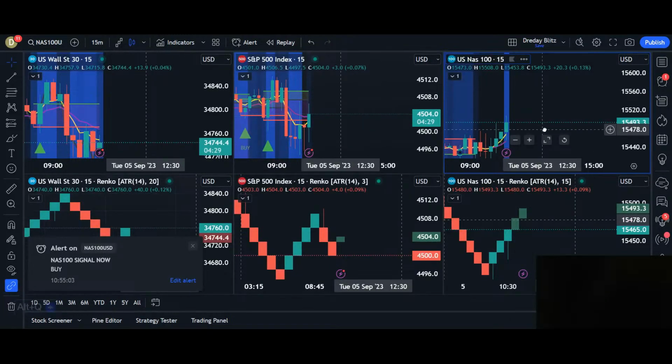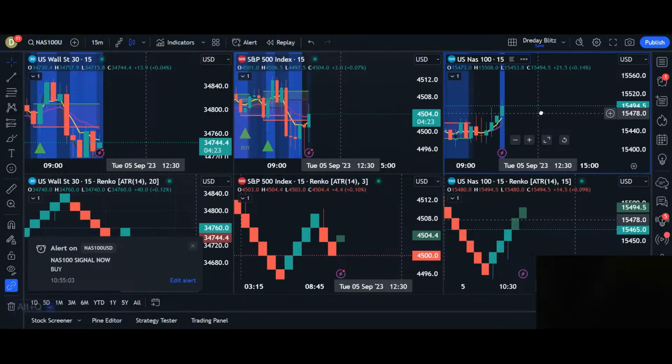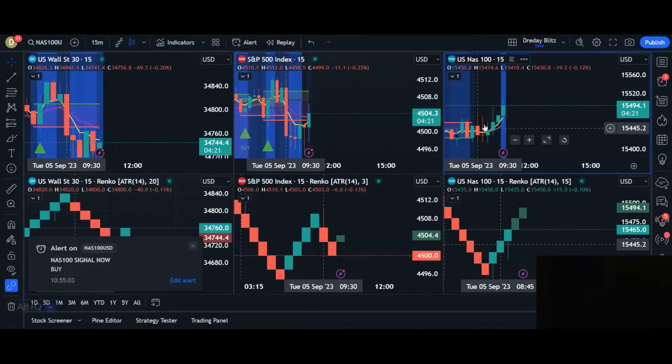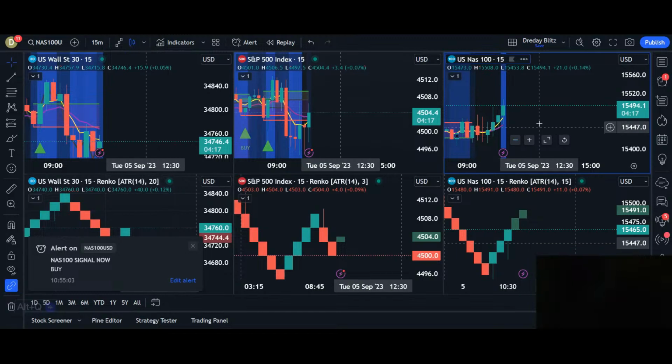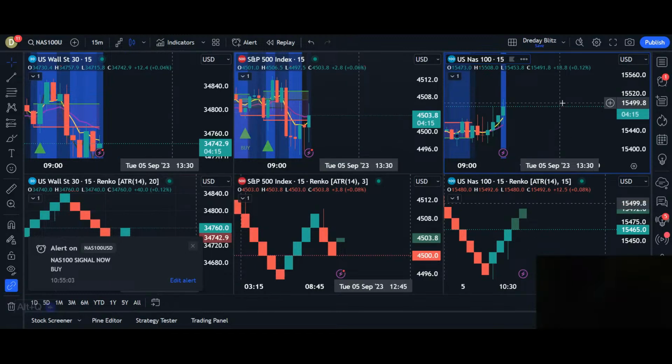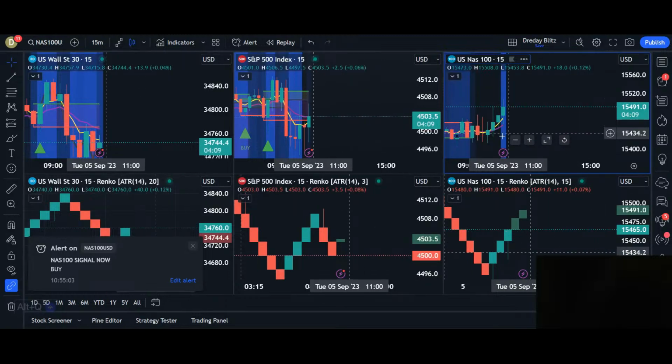I'm not going to give you the actual price that the signal came in at, but just follow the trend here if you were in the trade since the beginning.